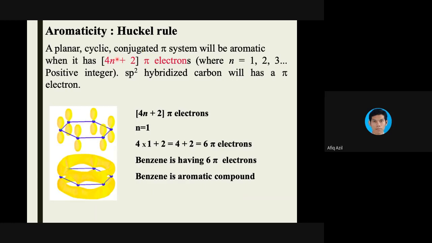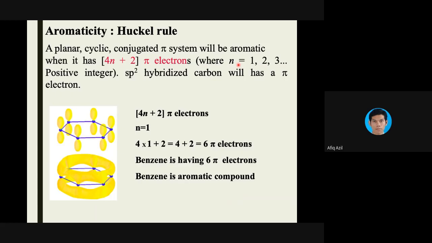So what is this 4n plus 2 pi electrons? That means the pi electrons available in the whole structure equal 4n plus 2. This is just simple arithmetic or algebra. So n must be a whole number.